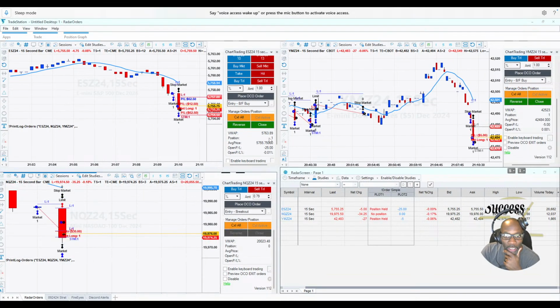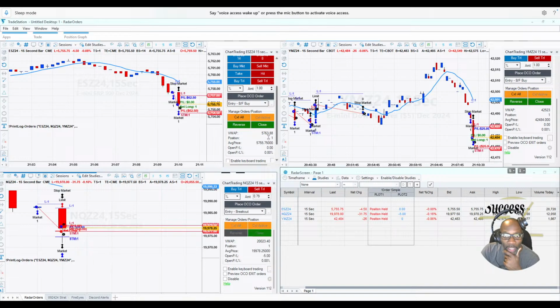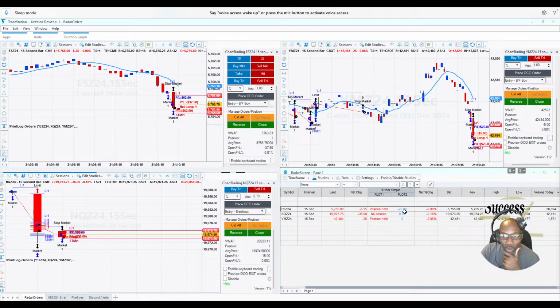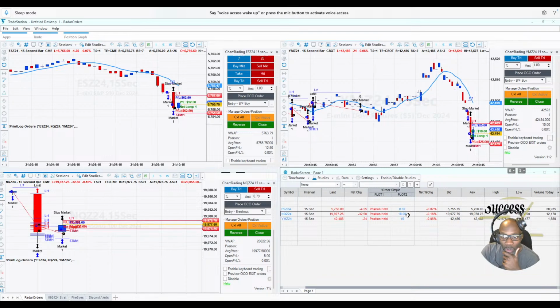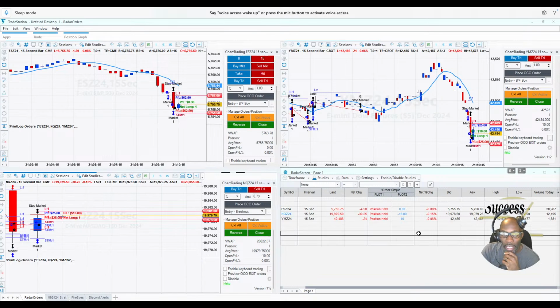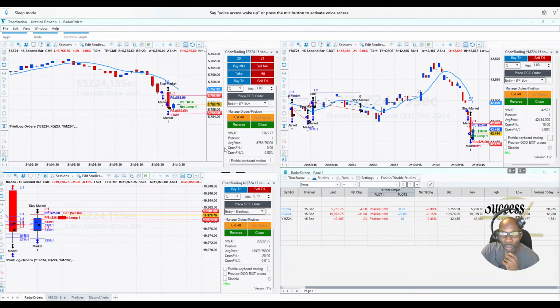They should only go in a position one contract at a time, and the output will tell you if there's a position on and the profit and loss. If there's no position on, it'll read zero. That's what I plan to go through on this little live stream.